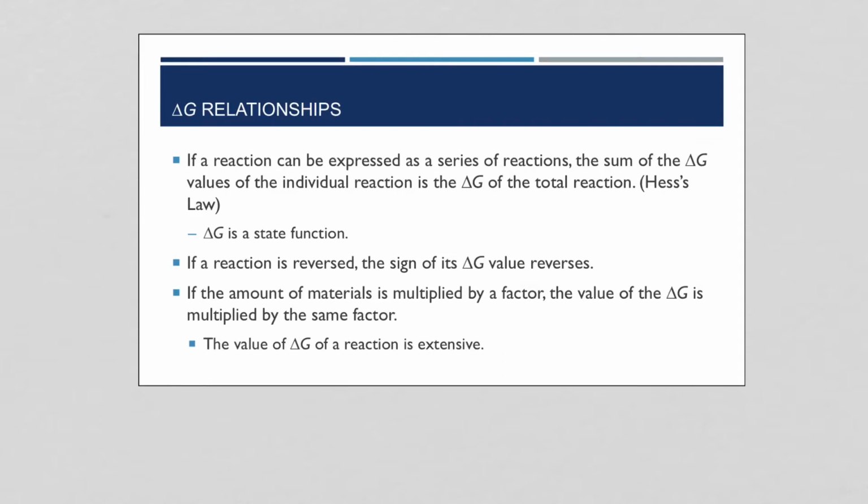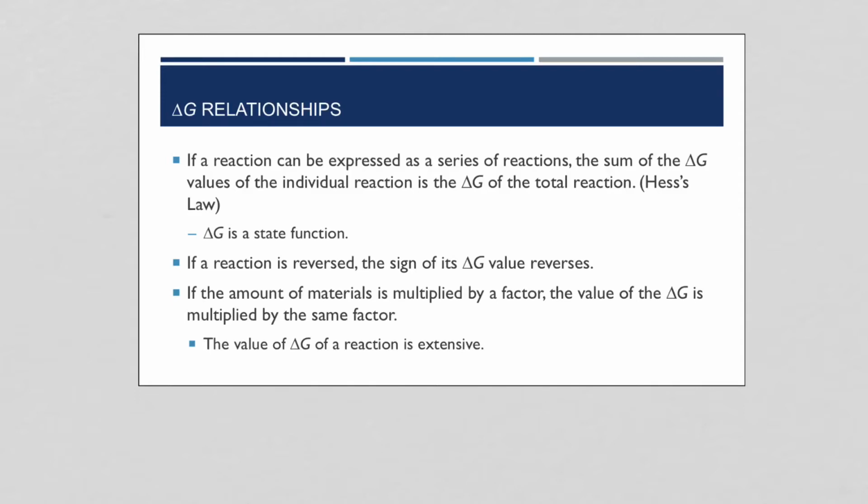Now, there is a third way that we can calculate delta G, and that is using Hess's law, another concept that we saw back in Chapter 7, where if a reaction can be expressed as a series of reactions, then the sum of the delta G values for those individual reactions can give us the delta G of the overall reaction.